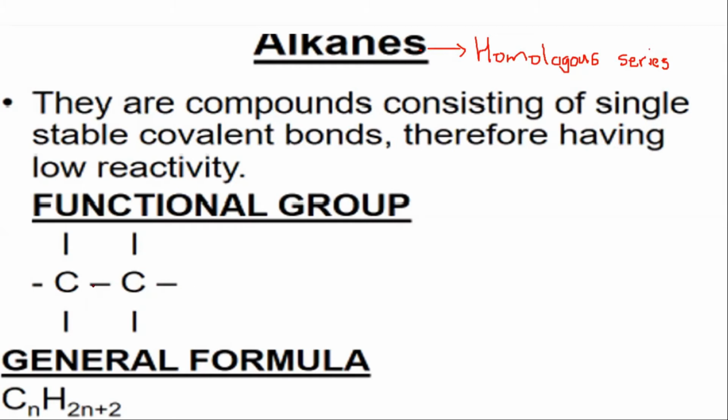So on this carbon, I have the first bond, then I have the second bond, then the third bond, and then the fourth bond. On this other carbon atom, the first bond is still this one to the other carbon, the second bond there, the third bond there, and the fourth bond there. When I have done that, I know that I am going to get 2 marks. Why? Because if I want to see an alkane, I want to draw its functional group.